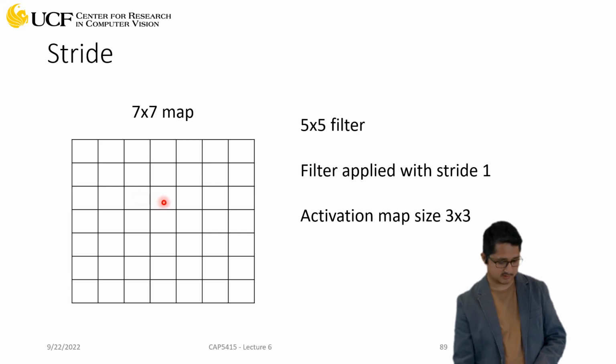And that's going to be the second location, and that's going to be the third location. That's it. You can't put it here, you can't put it here. So if you can put it in just 3 different locations, that's going to give you a size of 3. And the same will be true for the y-axis because it's symmetrical. And that's why the activation map size will be 3 cross 3.